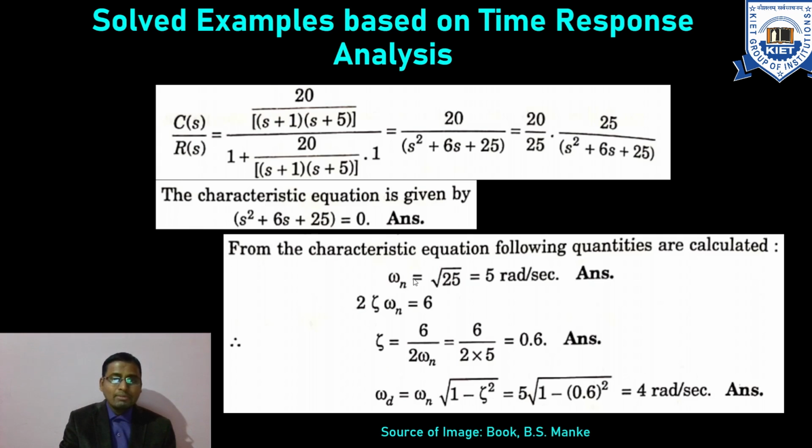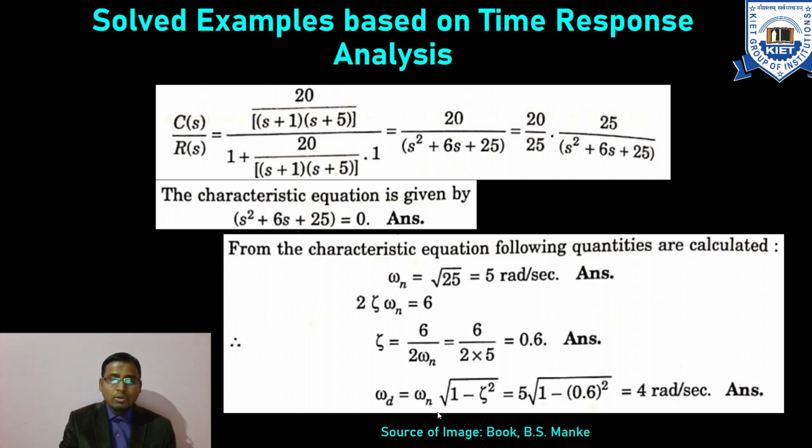So omega n becomes under root 25, that is 5 radian per second. After that we are comparing with the standard characteristic equation. Then we will get twice zeta omega n equal to 6, the coefficient of s. Now put the value of omega n, then we will get zeta, that is 0.6.